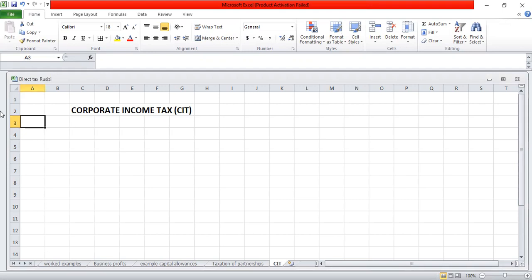Let's discuss one of these key areas in the taxation of business profit. That is the corporate income tax. It is a tax that is paid by companies and other associations, as we have already talked about in the previous part, which is partnerships.